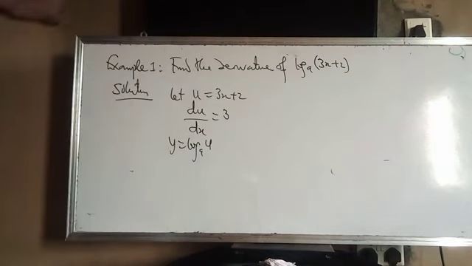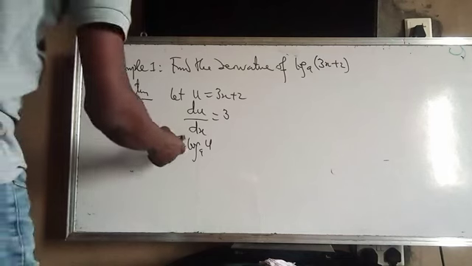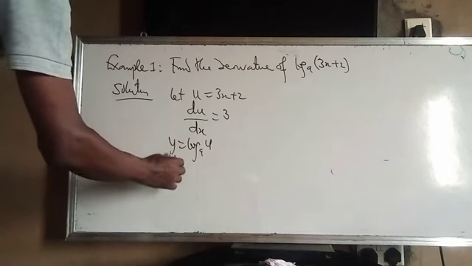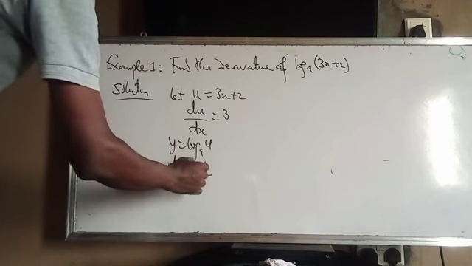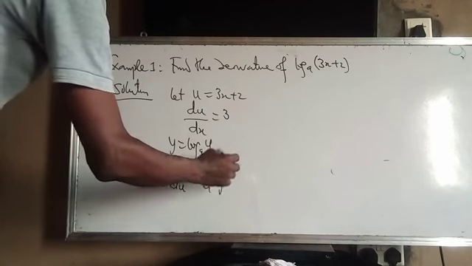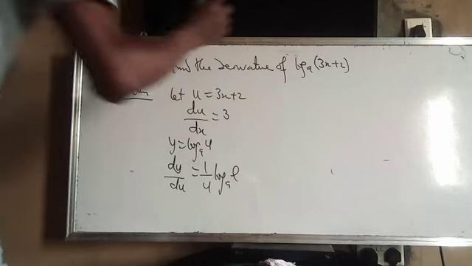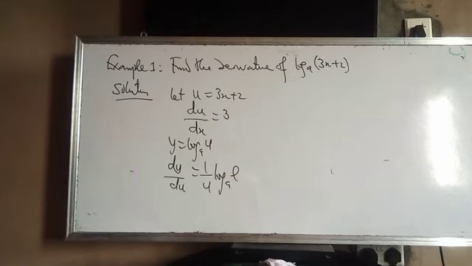Okay. Now, how do we now get this? The dy/du now will be 1 all over u log e base a. I hope you can remember that very well. 1 over u log e base a. Okay.